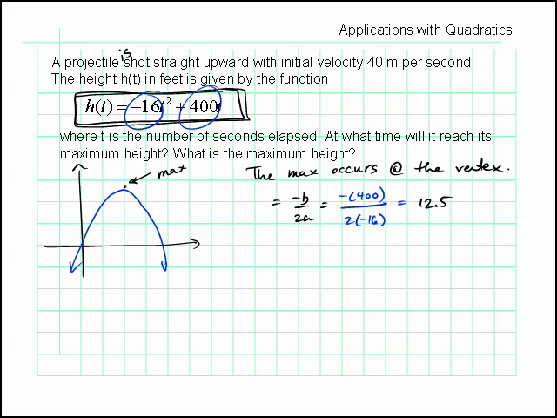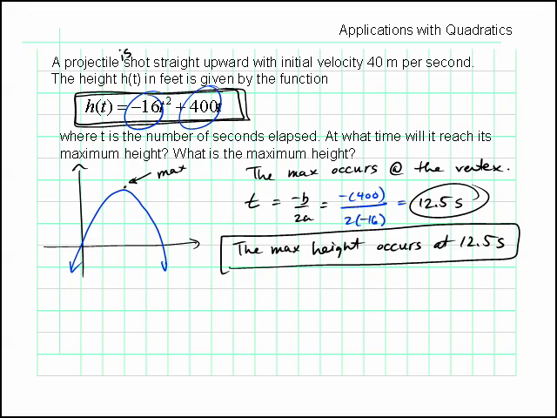I don't have x's here. I have t's instead. So it's t equals 12.5 seconds. In other words, the rocket reaches its maximum height after 12.5 seconds. So the maximum height occurs at 12.5 seconds. We've answered the first part of this.